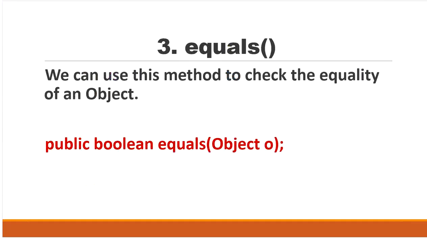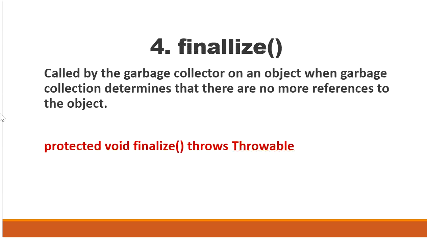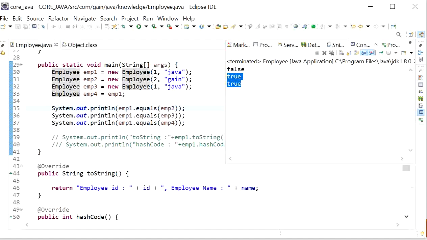And the next one is the finalize method, and the finalize method is called by the garbage collector on an object when garbage collection determines that there are no more references to the object. And this is the signature of the finalize method, that is protected, void, finalize, throws Throwable.